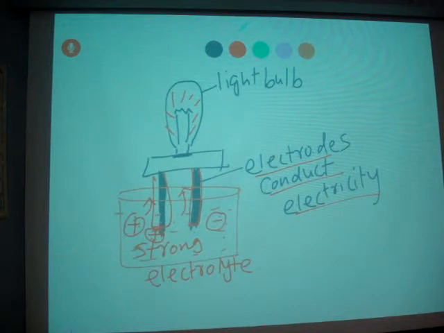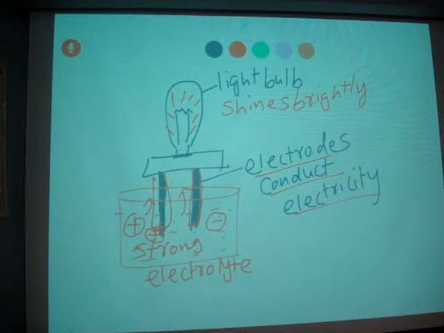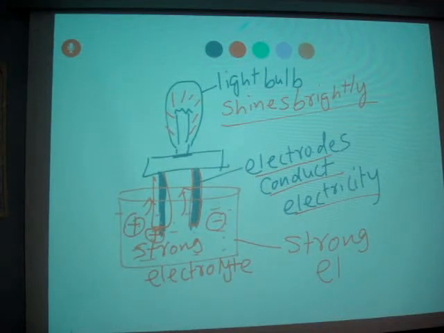The light bulb shines brightly when we completely immerse these electrodes in an ionized solution. So whenever it shines brightly, we call this a strong electrolyte.